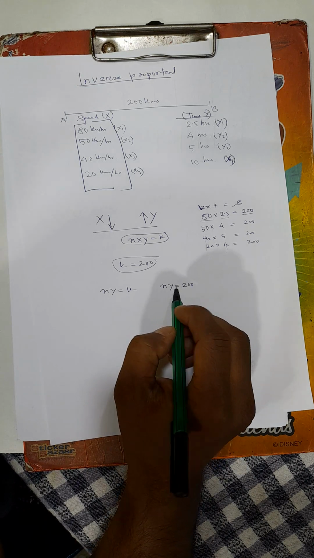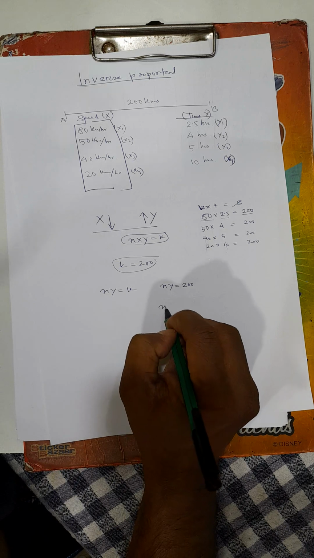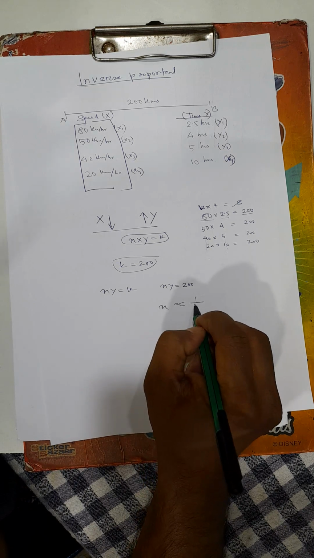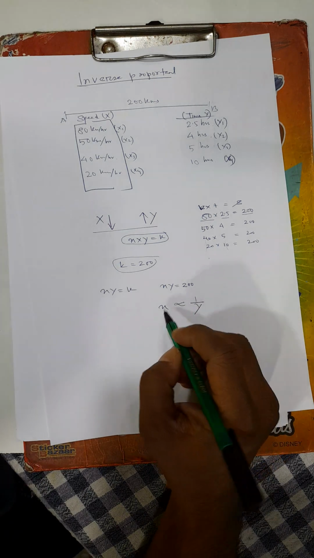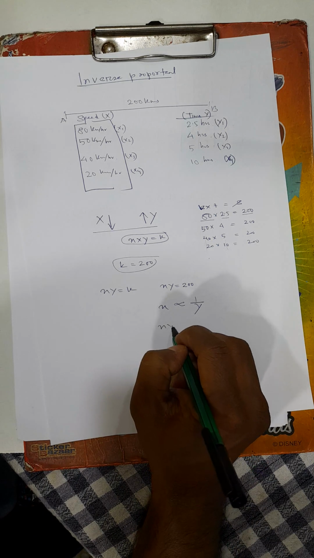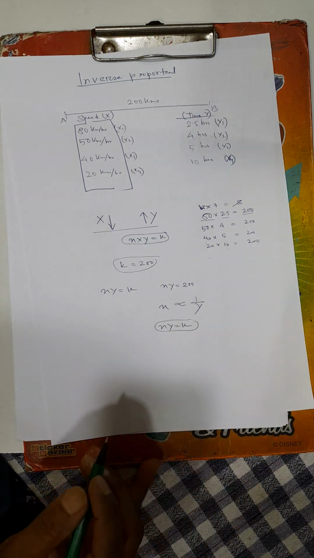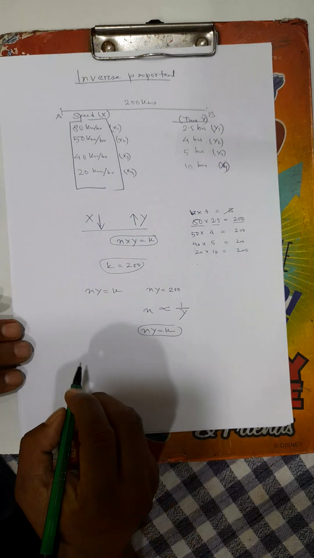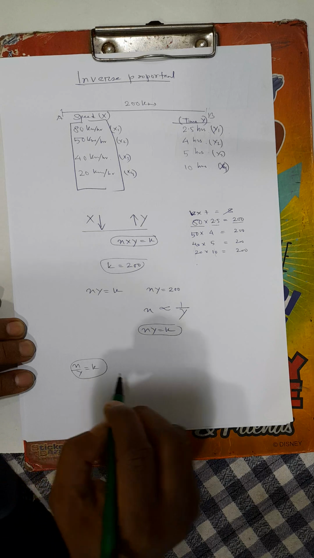So x and y are said to be inversely proportional, and mathematically we write it as x is inversely proportional to y. The inverse of y is 1 by y. So x is inversely proportional to y, or x into y equals k. In case of direct proportion, we say that x by y equals k.